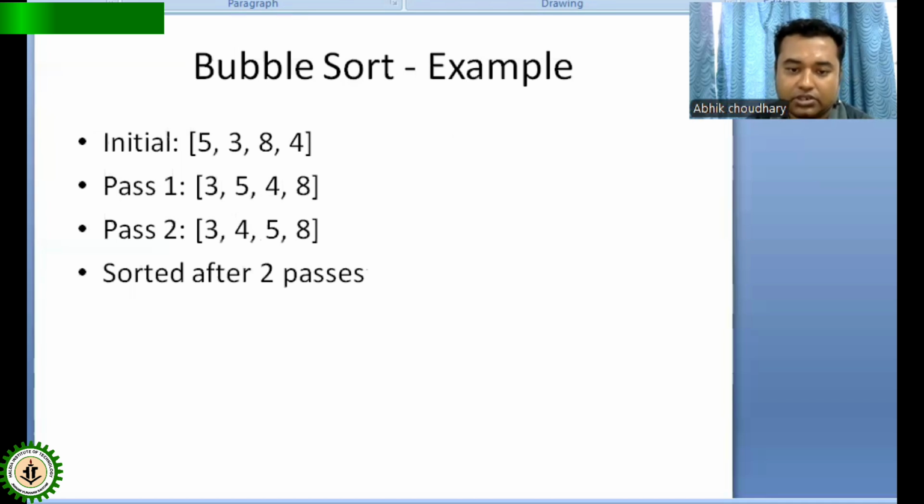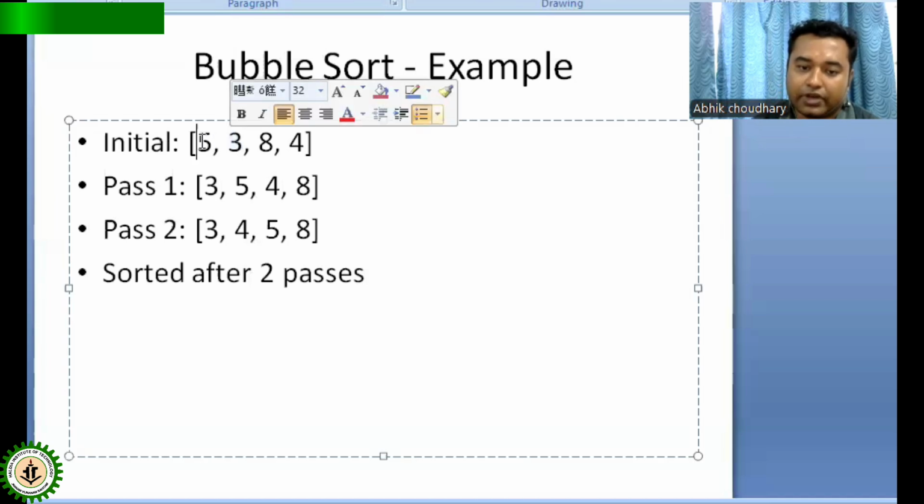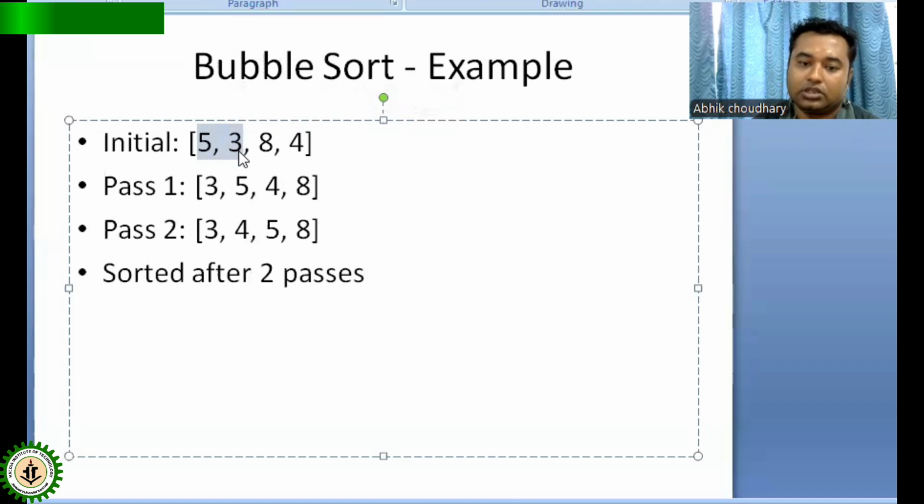Let us take one example. This is the array 5, 3, 8, 4. After pass 1, the array looks like 3, 5, 4, 8. It compares 5 and 3. If they are in the wrong position, then swap the values.